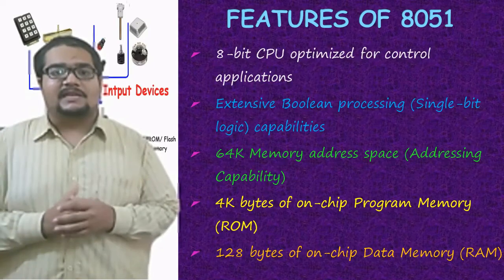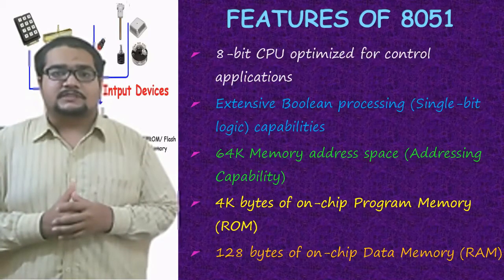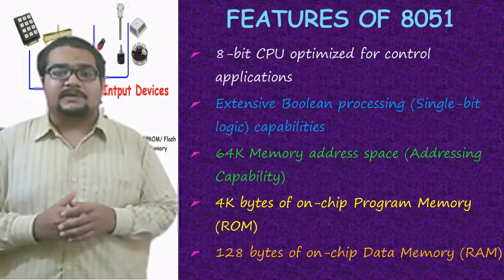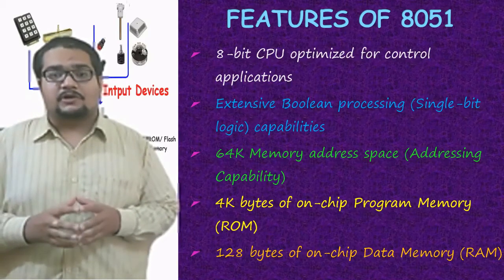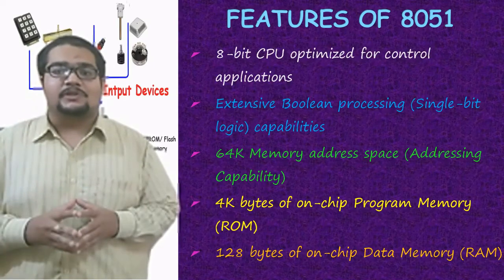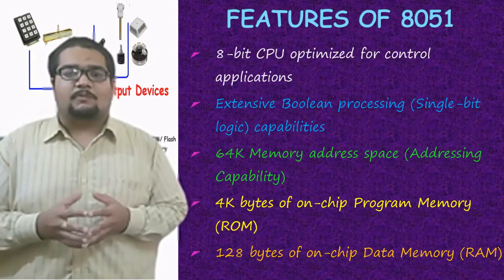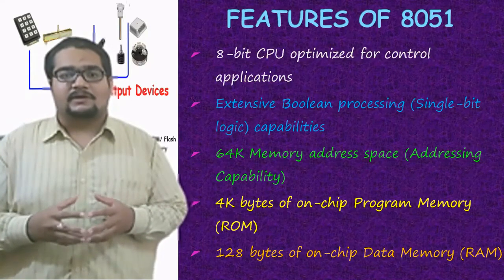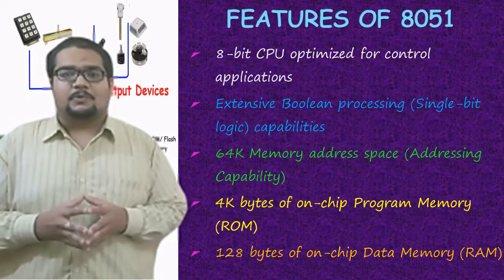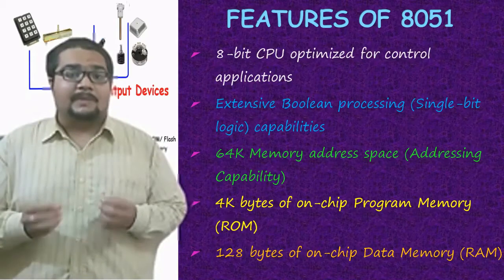Bit accessibility was not that flexible or available in microprocessors, but in the 8051 microcontroller bit accessibility is very common. That is why we say extensive Boolean processing is allowed, because single-bit manipulations are very common in 8051 design and programming. Many of the internal registers are bit accessible.